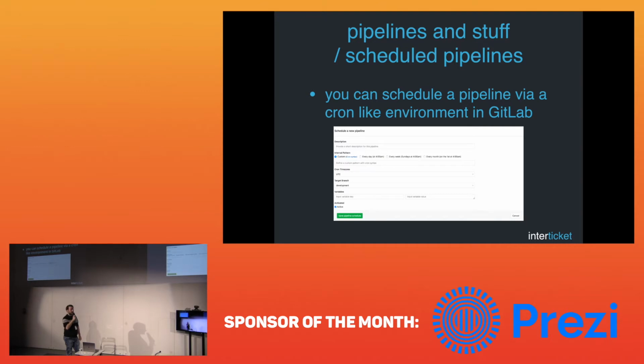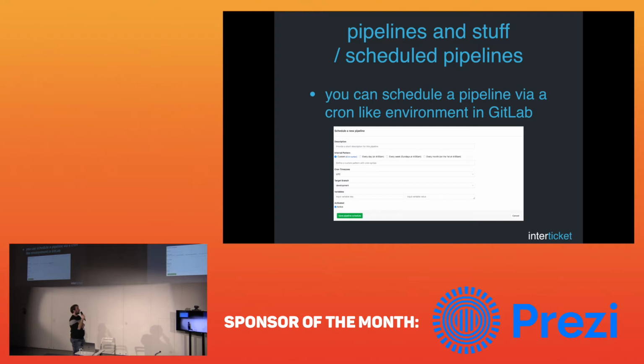This is the user interface where you can define scheduled pipelines. These scheduled pipelines are good for, like, if you are running UI tests, then they shouldn't be run for every pipeline, as they take long to run.